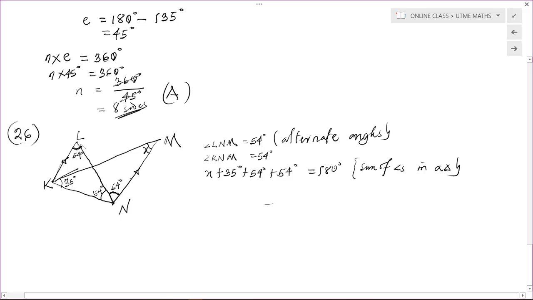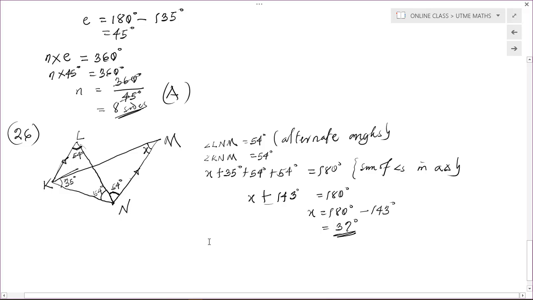So add it together. 3 plus 4 plus 4, that's 13. 3 degrees, yes. Then we have one forward. 5 plus 5 plus 3, that's 13 again, plus that one, 143 degrees. So x plus 143 degrees is equal to 180 degrees. That is, x is equal to 180 degrees minus 143 degrees. So the final answer will be 37 degrees in this case.